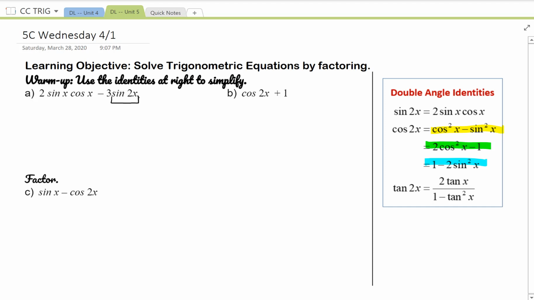So here we have sine 2x. What is that equal to? Well, that's equal to 2 sine x cosine x. So we're going to replace that. Now, this 3 was being multiplied by the sine 2x, so it needs to be multiplied by whatever you replace sine 2x with.